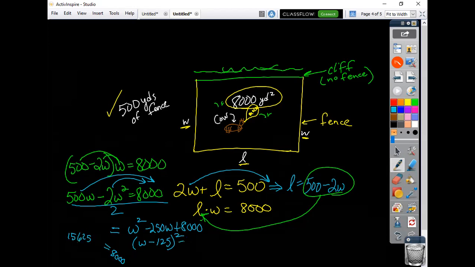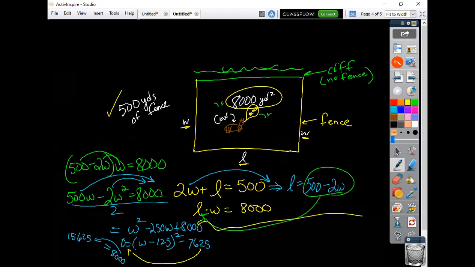So that's going to go outside here, and I'm going to just subtract that. So 15,625, I'm going to take off the 8,000 to see how much I really need to take out. 7,625. And it's going to equal 0 now because I moved everything to one side. And solve it by undoing my operations.